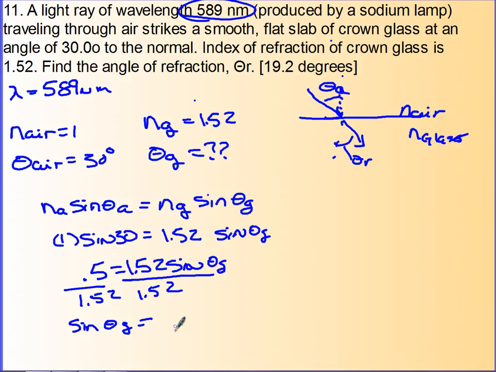Now leave this in your calculator, but I'm getting 0.328947, blah, blah, blah. Now what you need to do is use the inverse sine. So find the symbol on your calculator that says sine inverse. It'll have a little negative like that. So it'll be second, inverse sine, 0.3289. And I get theta g is 19.2. We'll practice this in class.